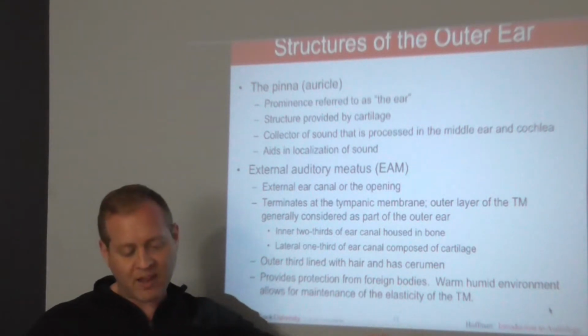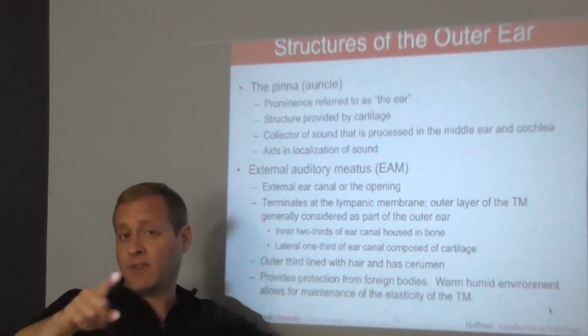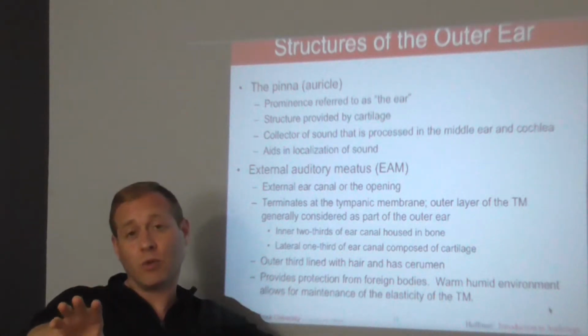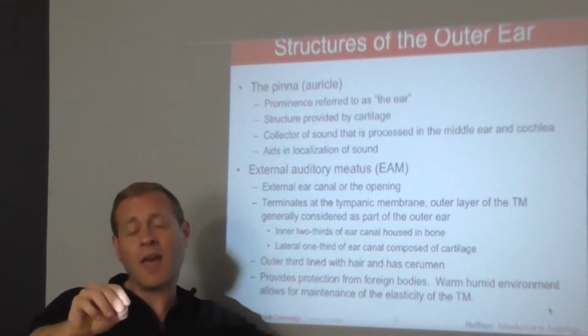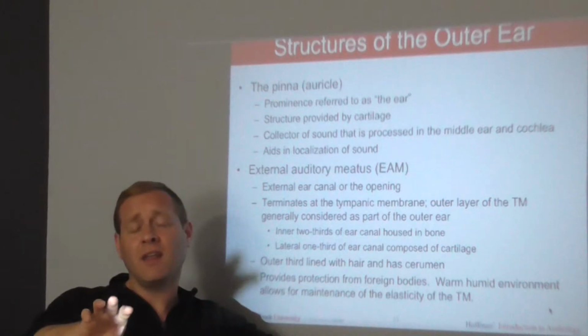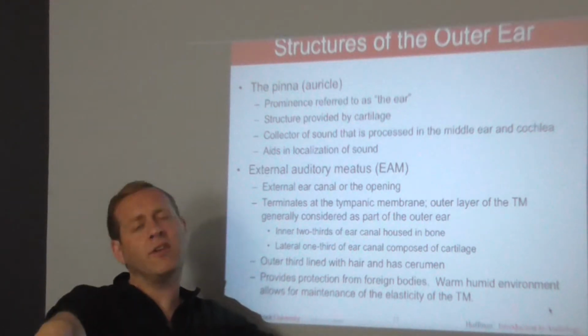How does it provide protection? Well, I kind of mentioned it before. The lining of the ear canal allows for the secretion of mucus, or cerumen. Okay? Foreign bodies, dust, tiny bugs can get caught in the cerumen or the earwax, okay? And they can't get any further.